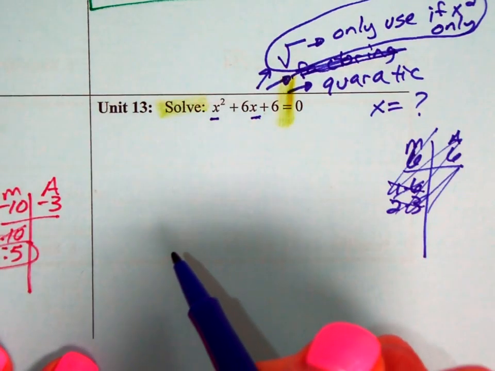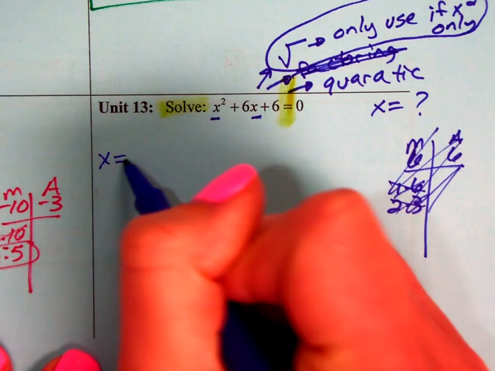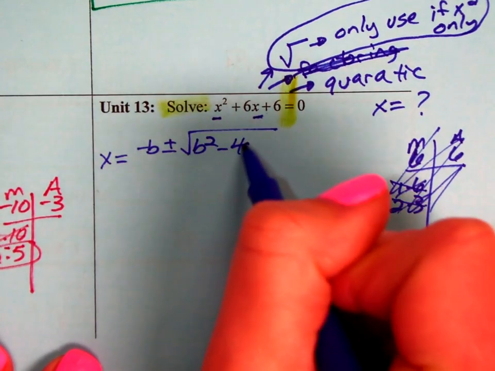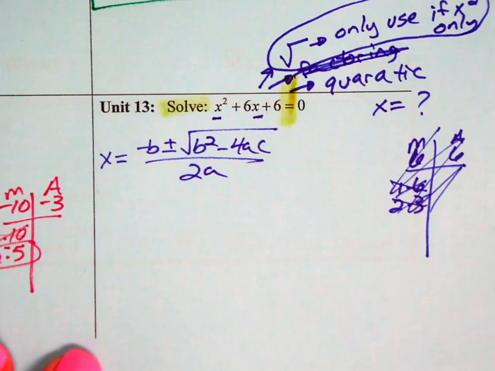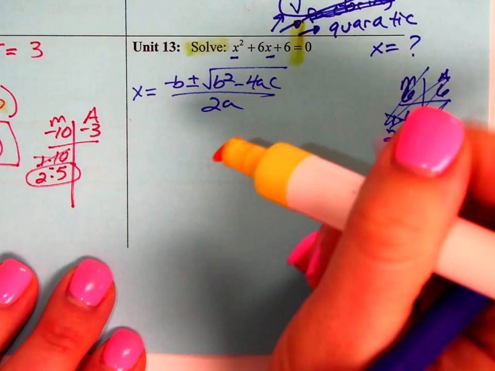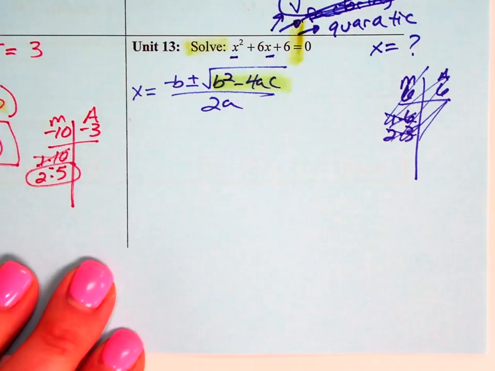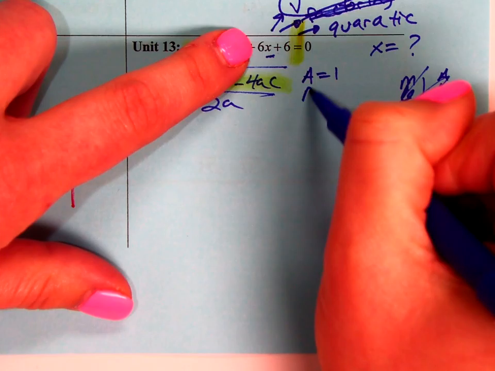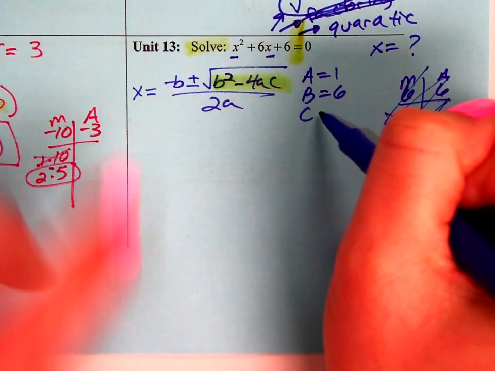And remember, it's that formula. X equals opposite of b, plus or minus square root quantity b squared minus 4ac, all over 2a. And we always do the b squared minus 4ac first, which means we have to identify those pieces. So my a is 1, my b is 6, my c is 6.